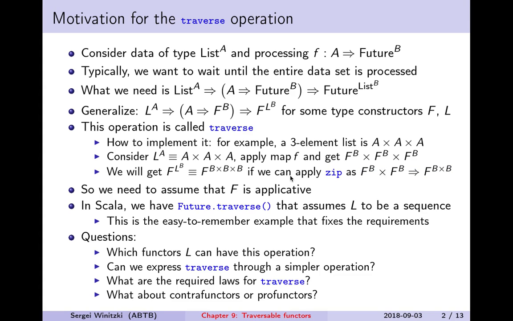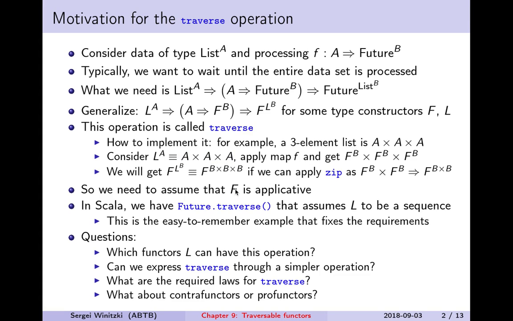That's the conclusion so far. So it seems that f needs to be applicative in order to be able to implement this type signature for at least for this type constructor. So for this type constructor, certainly it is easy to implement if f is applicative. So if it has a zip operation, then we can implement it like this.